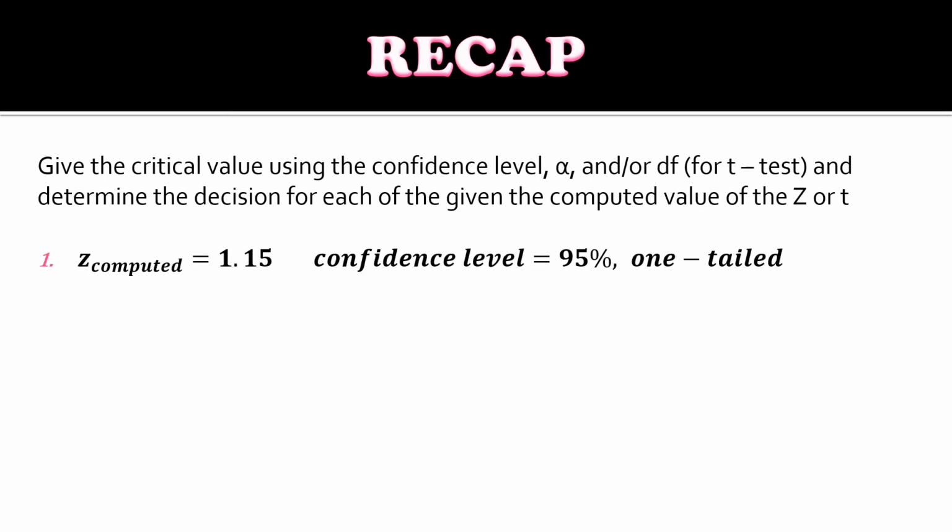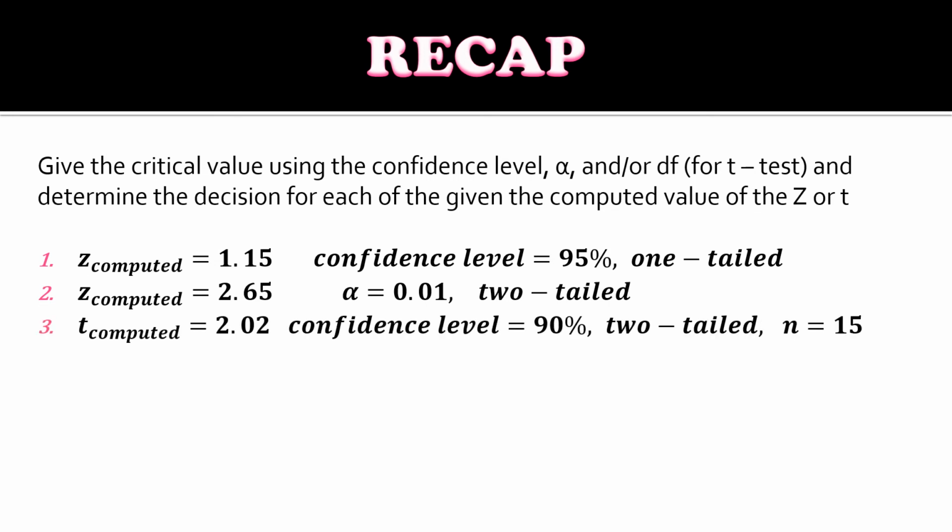For number 1, z computed equals 1.15, confidence level equals 95%, and one-tailed. Number 2, z computed equals 2.65, alpha equals 0.01, and two-tailed. Number 3, t computed is 2.02, confidence level is 90%, two-tailed, and sample size equals 15.